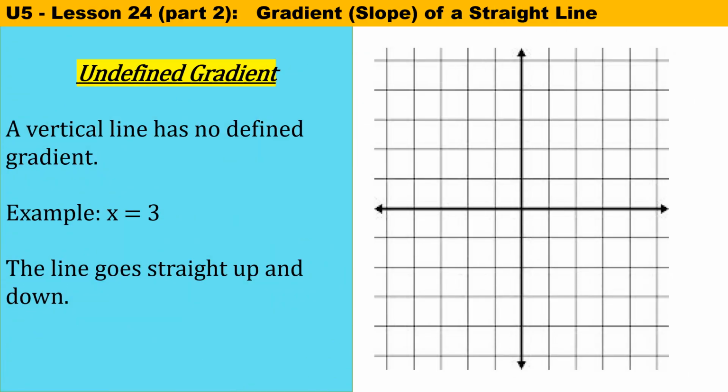Undefined gradients: a vertical line has no defined gradient. Example, x equals 3. The line goes straight up and down. There is no slope in it. So that would be your vertical line.